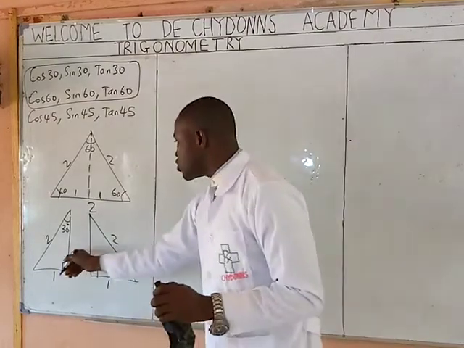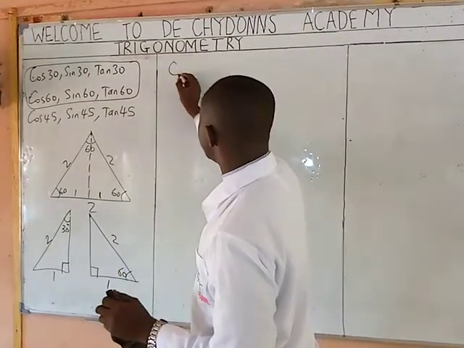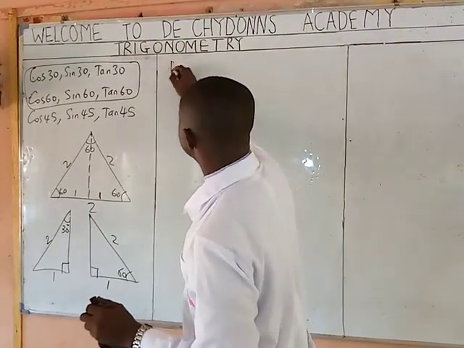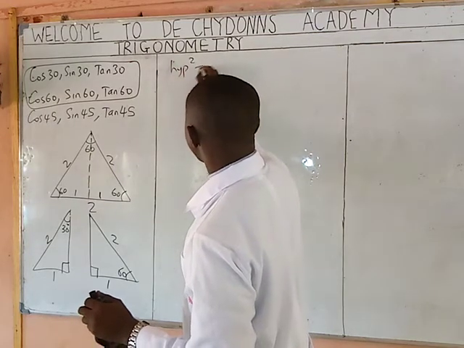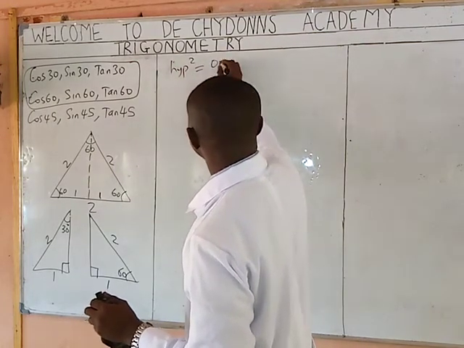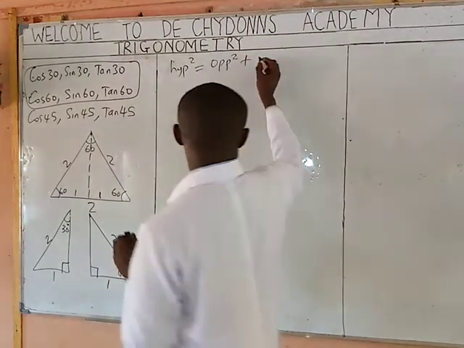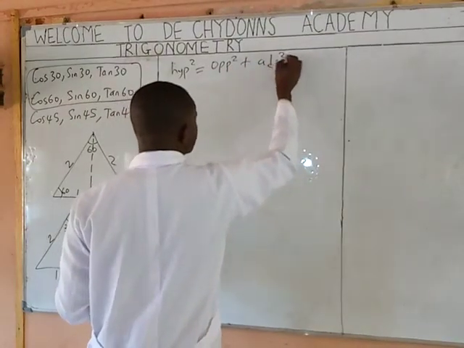From Pythagoras theorem, the hypotenuse squared equals opposite squared plus adjacent squared.